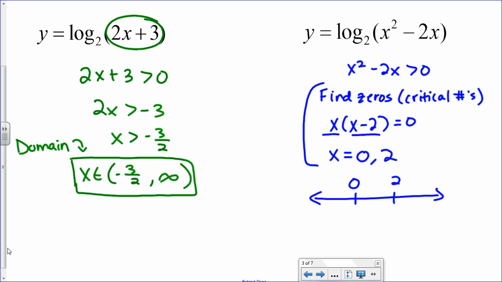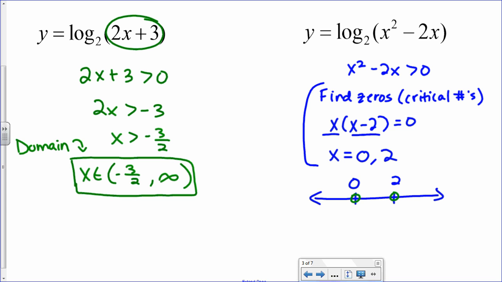My inequality is greater, so I'm thinking positive, more than 0, and it's not equal to, so open. So I know I'm going to have open circles here.